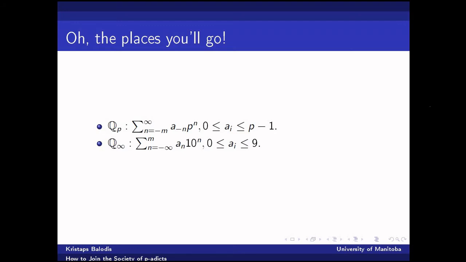With real numbers, we have representations where we're allowed infinite negative powers to have possibly non-zero coefficients, and meanwhile we only ever go up to a finite positive power, and again our numbers here are between 0 and 9.